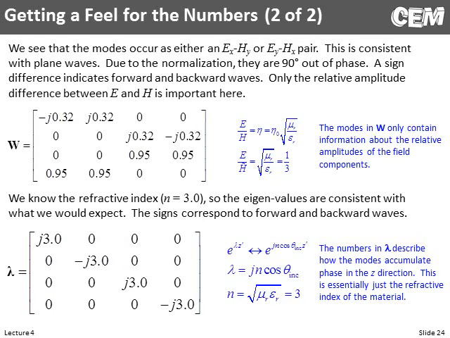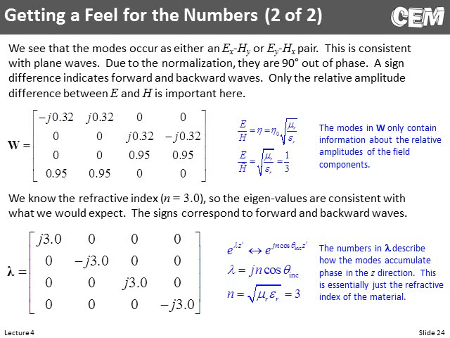So in W, you take one column, there's 4 numbers. The first number is going to be the amplitude of the Ex component of the wave. The second number is going to be the amplitude of the Ey component of the wave. The third component is going to be the amplitude of the Hx component of the wave. The fourth component is going to be the amplitude of the Hy component of the wave. That's how we formulated our eigenvalue problem.